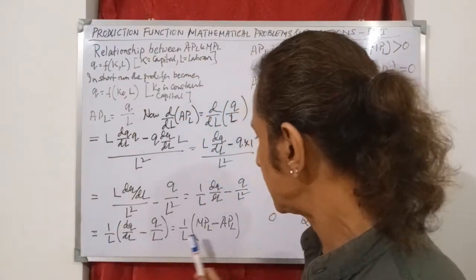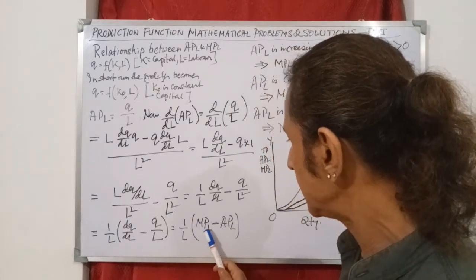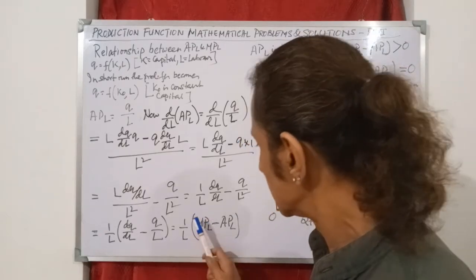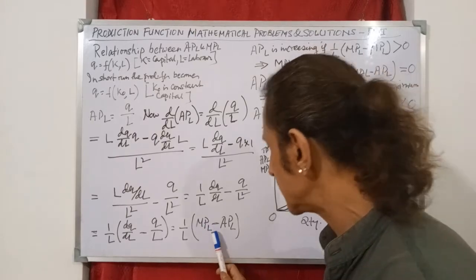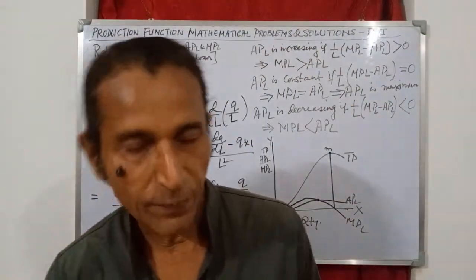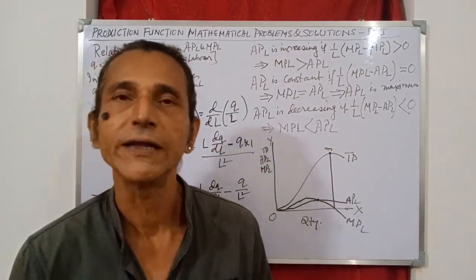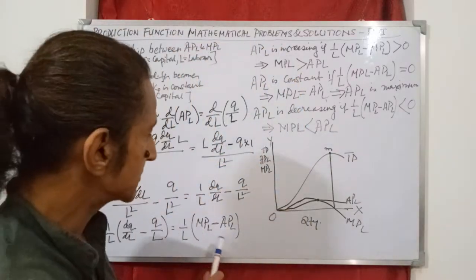So this ultimately becomes 1/L multiplied by (MPL minus APL), that is 1/L into (marginal productivity of labor minus average productivity of labor). Now APL increases or remains constant or decreases depending upon the value of this.